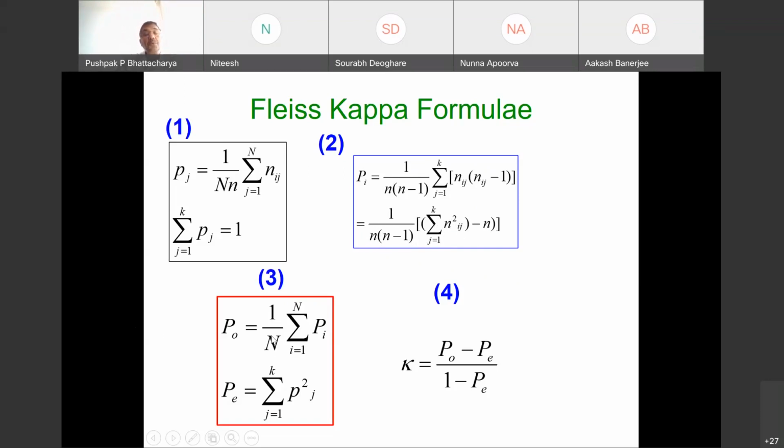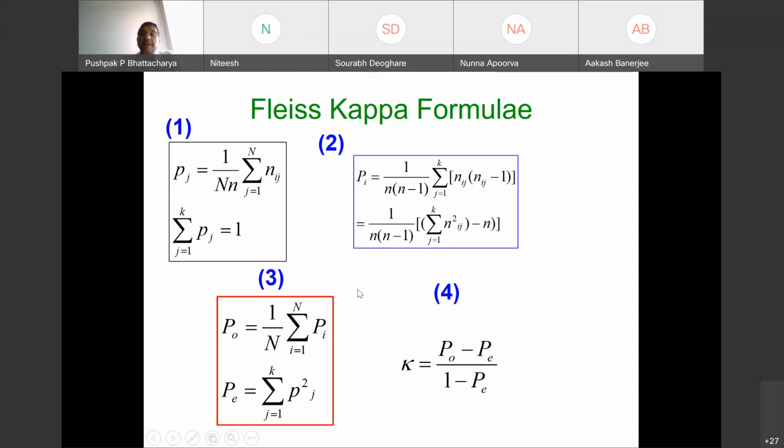And then PO, the probability of agreement, is 1 by N, sigma i equal to 1 to N, Pi. PE, the probability of chance agreement, is sigma j equal to 1 to k, pj square. And kappa, as before, is calculated as PO minus PE by 1 minus PE. The things to do here are: why is PO equal to 1 when there is complete agreement?